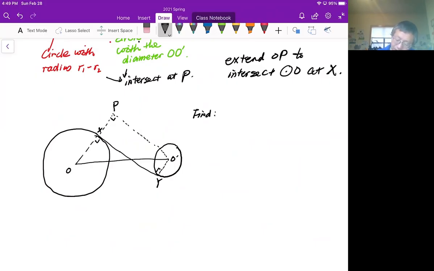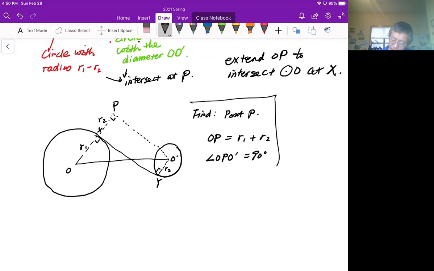The idea is that you want to find the point P such that your OP is R1 plus R2. So this is your R1 and this is your R2. So the radius is R1 plus R2. And the other condition is that I want the angle OPO prime to be equal to 90 degrees. So I just need the two conditions.